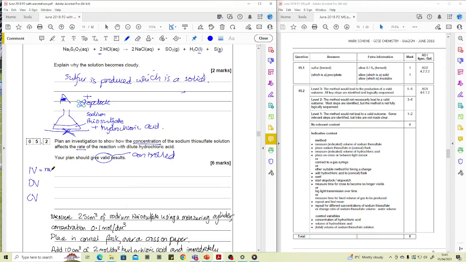So we have a range of concentrations. The rate of reaction we're going to measure with a stop clock. And then control variables, we've got absolutely loads to do. The concentration of sodium thiosulfate is the range of concentrations we need here.